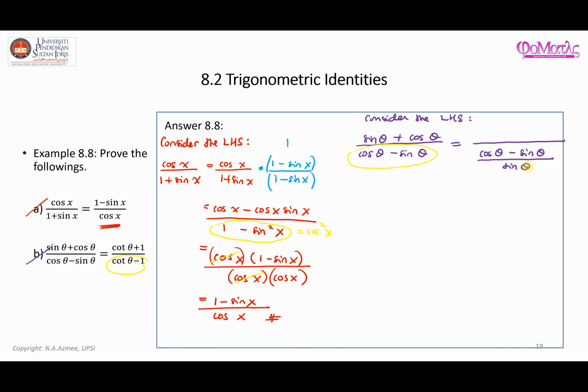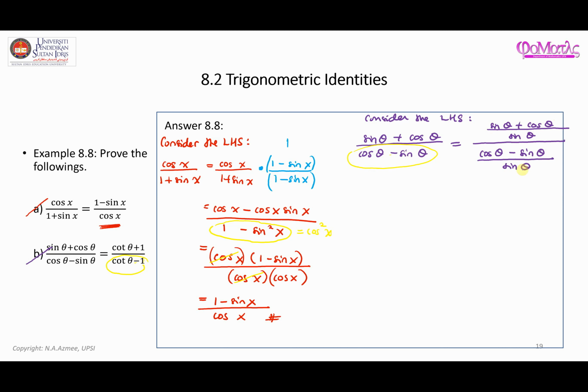The whole denominator has to be divided with sine theta, and in order to maintain the balance of this equation, the numerator has to be divided with sine theta too. Like I said, we are doing that because we want to maintain the balance of the equation.